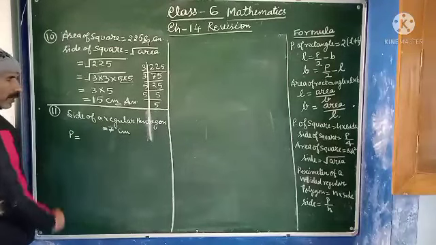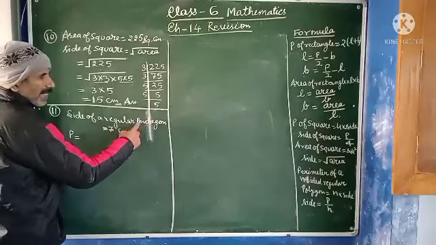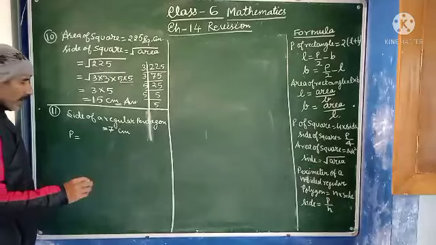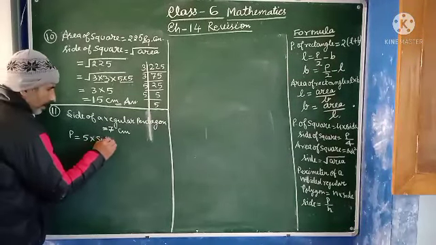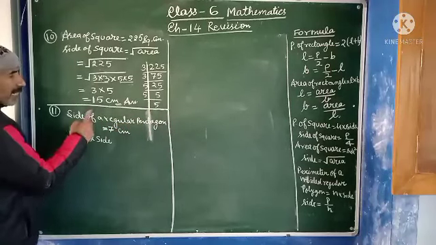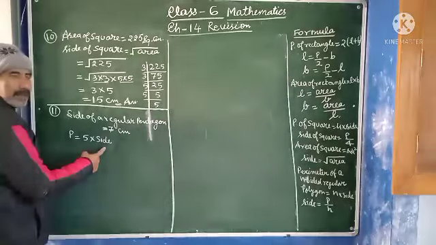So what is the formula? See, for a pentagon, how many sides will there be? 5. Penta means 5. So 5 into side. If it is a hexagon, then 6 into side. If it is an equilateral triangle, a triangle has 3 sides, so 3 into side.